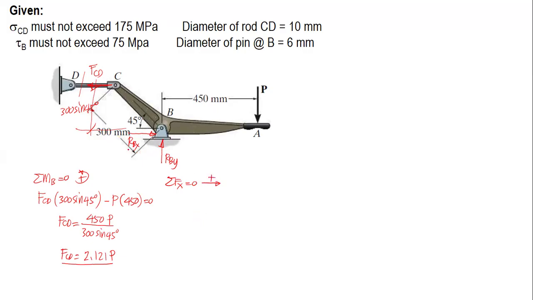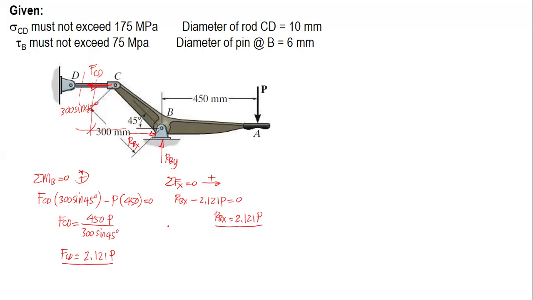Next, we will sum up force along the horizontal, with force to the right denoted as positive. So RBX is positive while FCD is negative since it is directed to the left. We have RBX minus FCD, and our FCD is 2.121 P. So RBX is equal to 2.121 P. Okay.